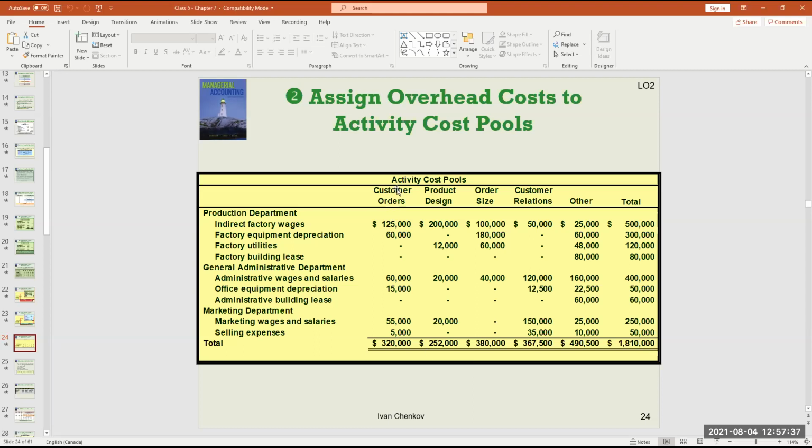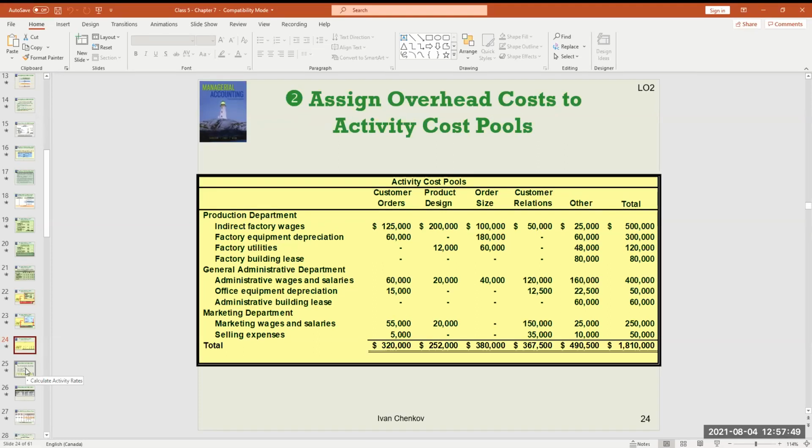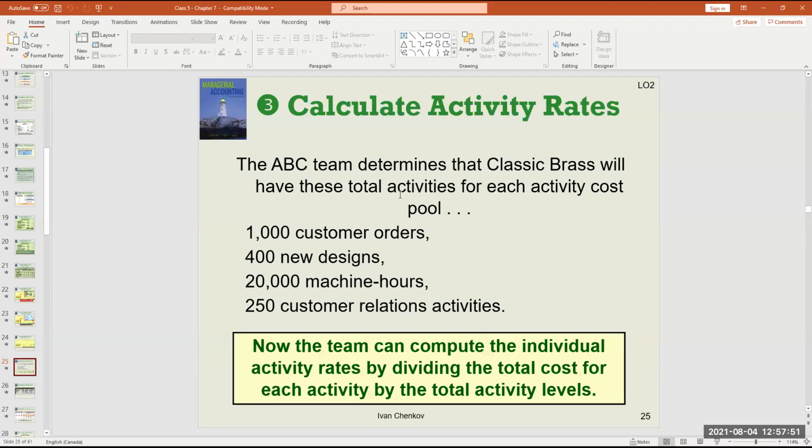But now I have the cost for every single pool. I have the cost for the customer orders, for the product design, for the order size. So since I have the total cost, what's the next thing that I have to come up with? Usage of that activity. Now we have to calculate the activity. Now, the activity-based team determined that the classic brass will have those total activities for each activity pool.